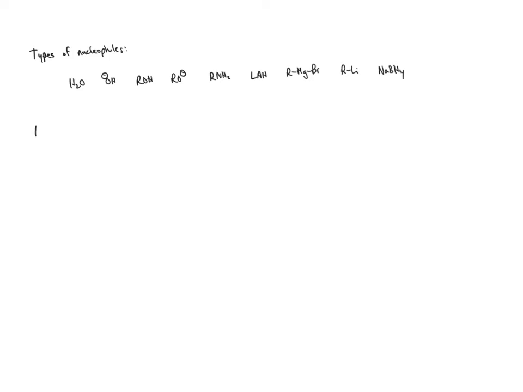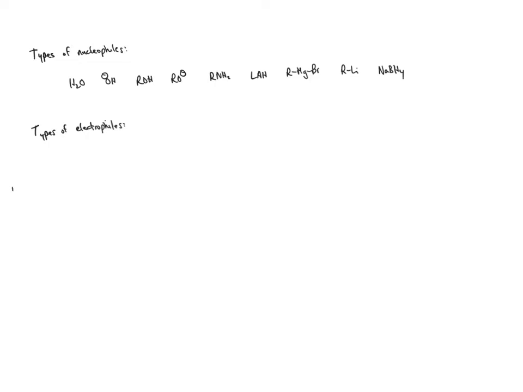Now, there are also various types of electrophiles that we might have. Right, so just like there's a diversity of nucleophiles, there's a diversity of electrophiles that can be used in this reaction. And we say that there's a reactivity series associated with these based on increasing order of electrophilicity.